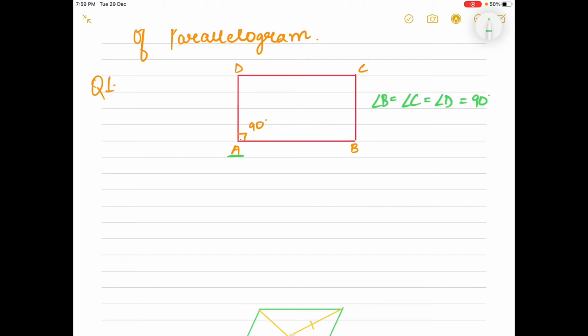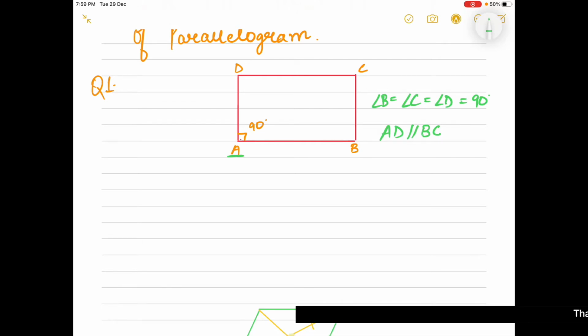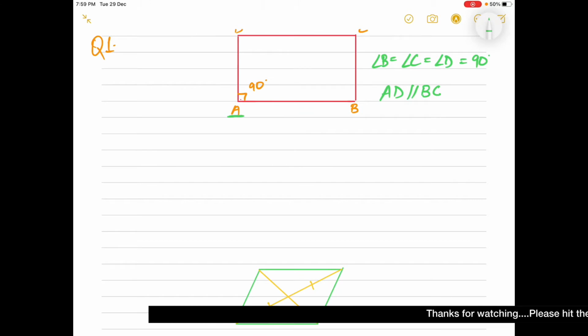As ABCD is a parallelogram, AD will be parallel to BC. Now AB will act as a transversal here. Angle A plus angle B is equal to 180 degree.